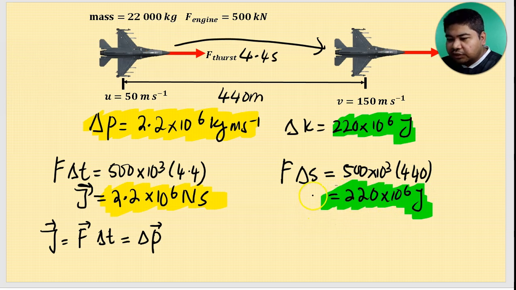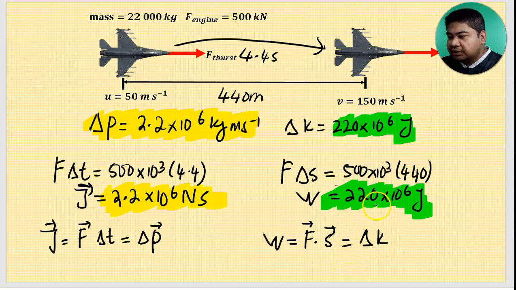What you calculate here is actually the work done by the force, that is the definition of work done. So this verifies the work-energy theorem, where work can be written as the force dot the displacement, which is equal to the change in the kinetic energy of the object.